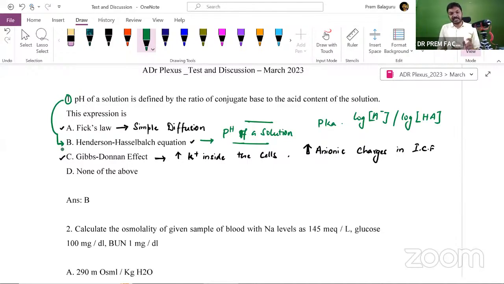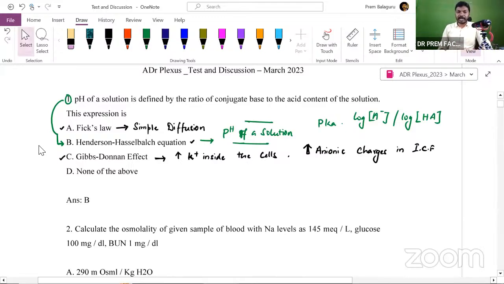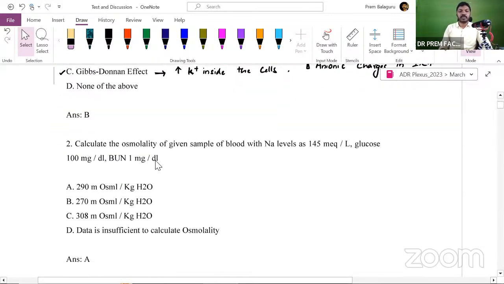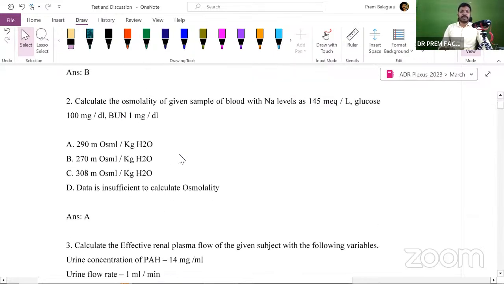I repeat, Fick's law for simple diffusion, Henderson-Hasselbalch equation for pH calculation. The Gibbs-Donan effect explains why there is going to be more potassium inside the cell. Potassium is an intracellular cation, isn't it? Why is that so? That's the Gibbs-Donan effect. I hope question 1 is a straightforward one, not much complication. That's question 1. Moving on to question 2.